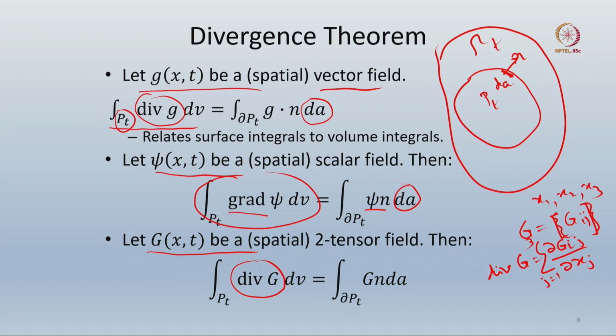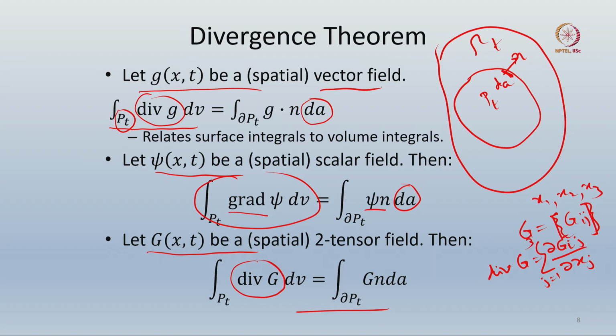So the integral of the divergence of G dV over the volume Pt will be equal to the integral of G times n dA. Here G is a matrix field, which just has to be multiplied by the vector n, the unit outward normal. This is the relationship between the two integrals, one a volume integral, the other a surface integral.